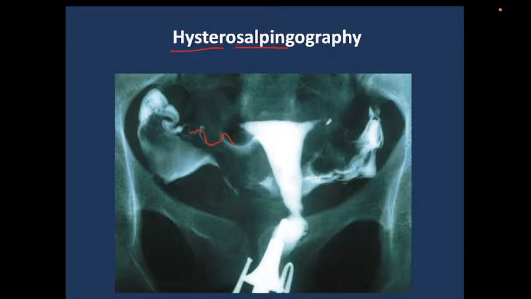So sometimes after inflammation, after some infectious diseases, the cavity of the uterine tube breaks down, and there is no way between the peritoneal cavity and the uterus cavity, and to check it is possible by such an examination called hysterosalpingography.